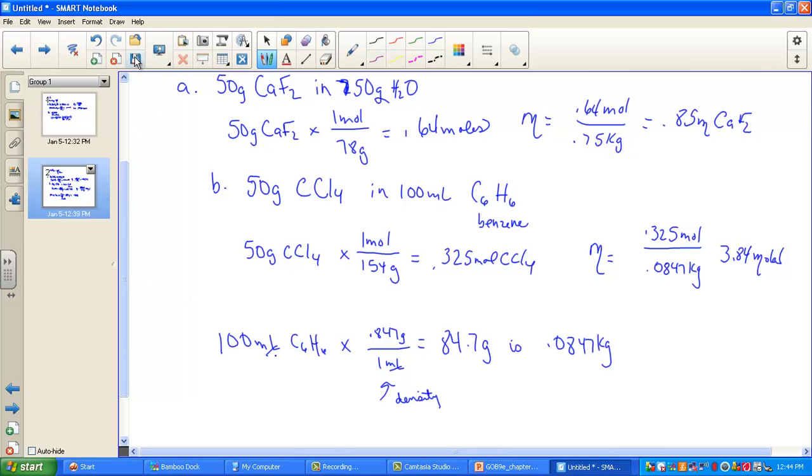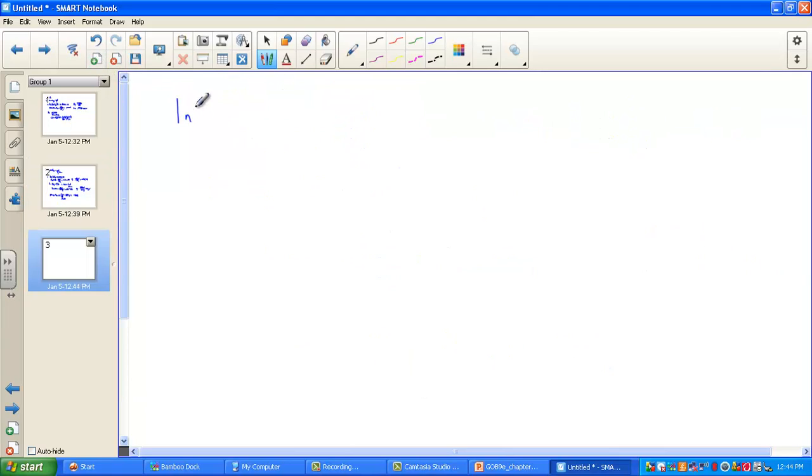There's an integrative exercise. Let's take a peek there at the integrative exercise. I'll read it for us. Ascorbic acid, vitamin C, is a water-soluble vitamin.